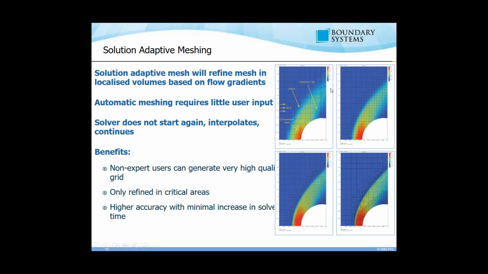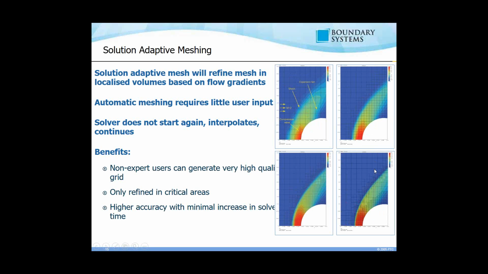But as I begin to move to the right, you'll notice the software starts to increase my mesh density towards the areas where I have a high flow gradient, right? And the areas with minimal flow gradient, it keeps the same.